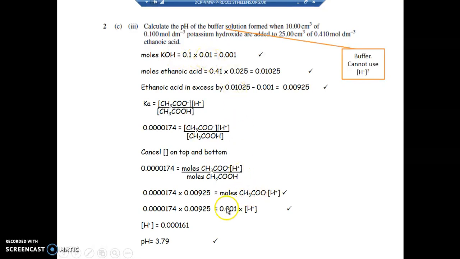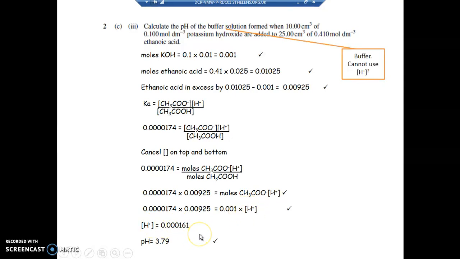So this one here is 0.001, moles of your base. I take this down to the bottom, so 0.000174 multiplied by 0.00925 divided by 0.001 equals my H plus concentration.